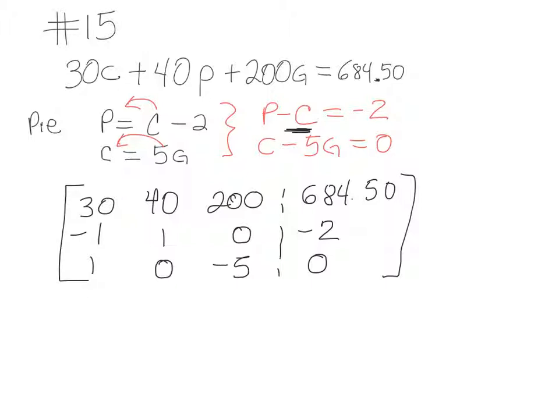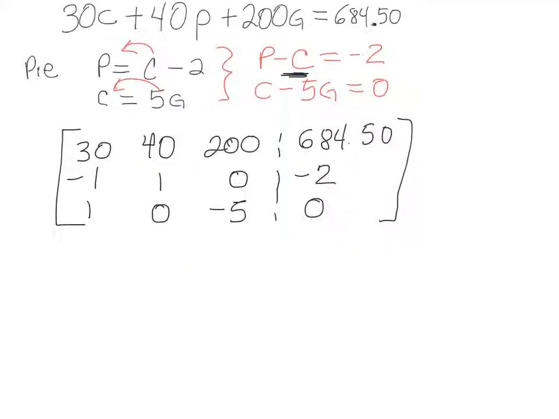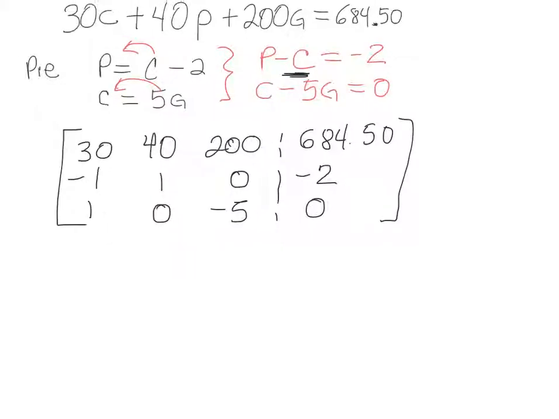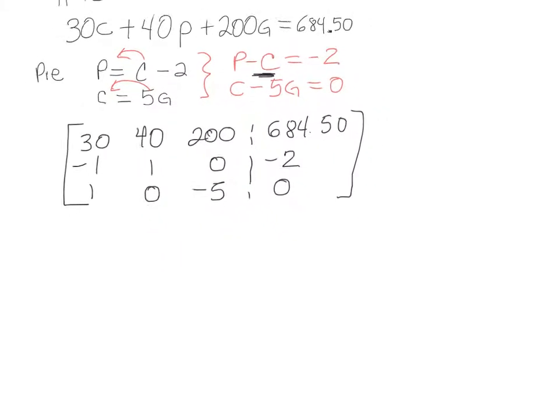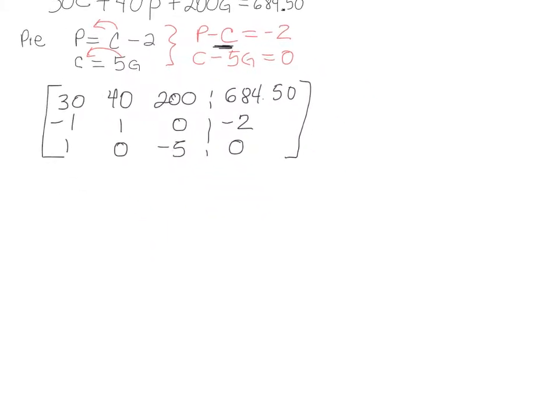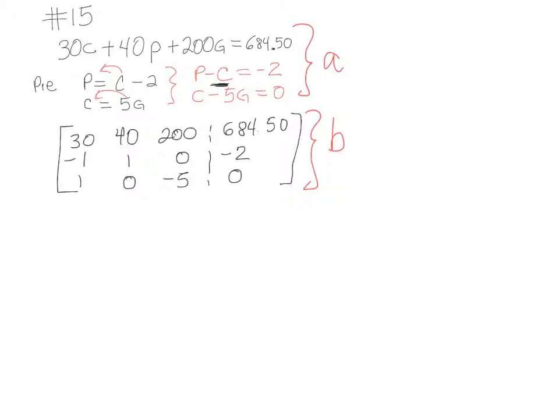From there, we can approach it by working it out as a matrix. So that's the augmented matrix. Now we have part A, part B, and part C says solve the system of equations and interpret your solution.